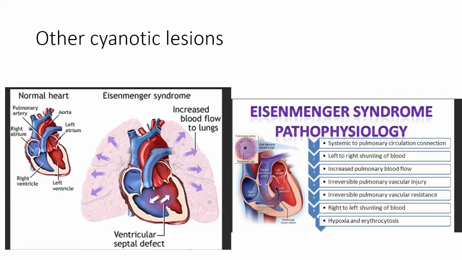And this irreversible pulmonary vascular injury may cause increased resistance, causing a right to left shunting of the blood. And your patients end up being hypoxic. And that's the last one.